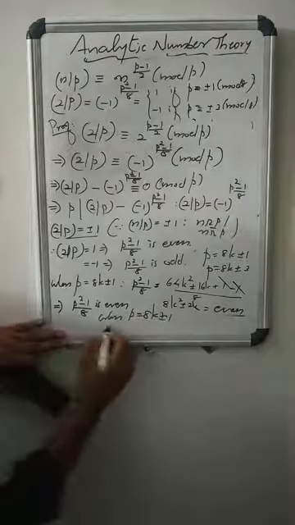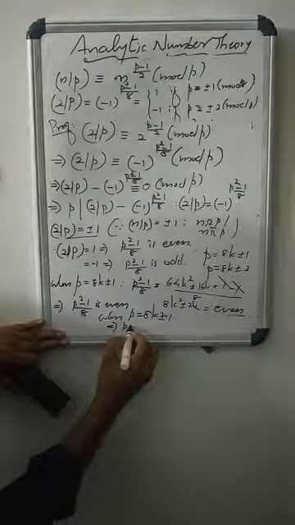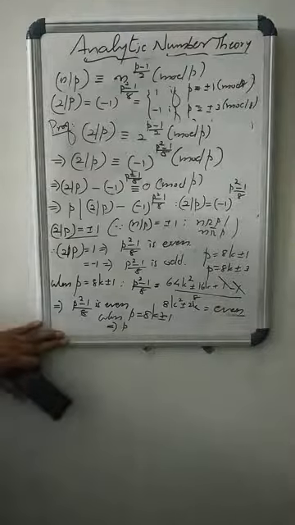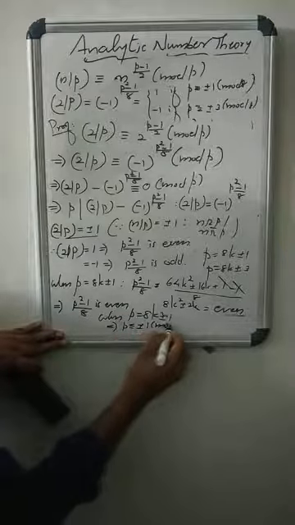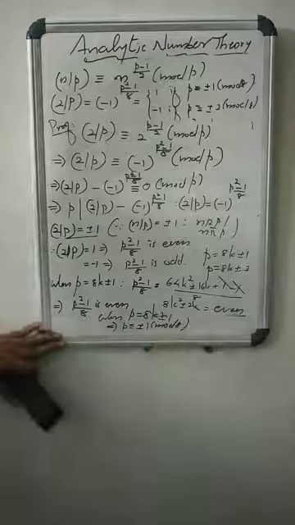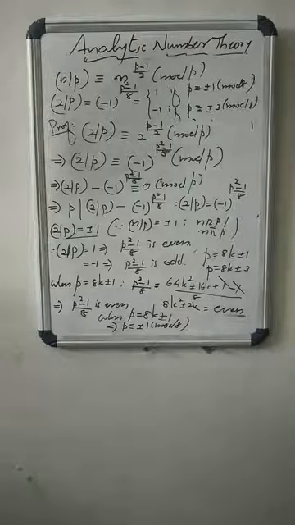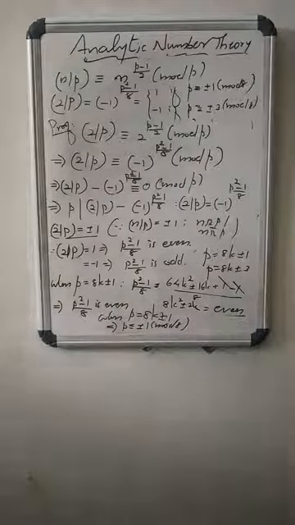P equals 8k plus or minus 1 means p is congruent to plus or minus 1 mod 8.